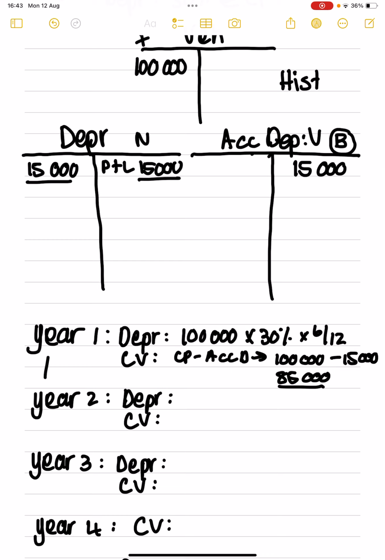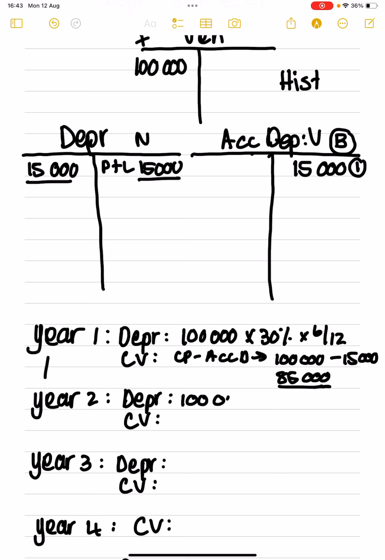Okay, carrying value tells you what your vehicle is worth at this specific day. So after 1 year, my vehicle depreciated with 15,000 Rand and is now only worth 85,000 and not like in the beginning 100,000.